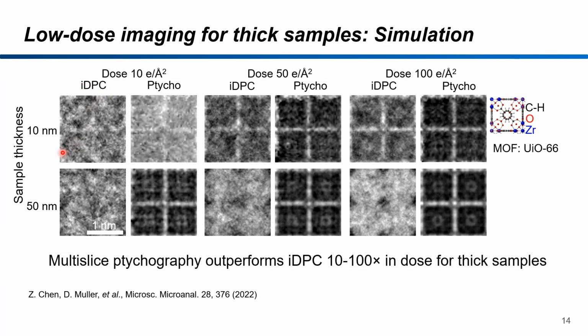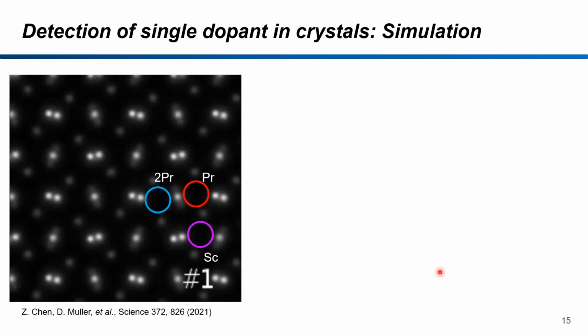We know that iDPC can only work for thinner samples, and multi-slice can work for much thicker samples. So if we can use a thicker sample, we can improve the dose efficiency by 10 to 100 times compared to iDPC, given the same spatial resolution.